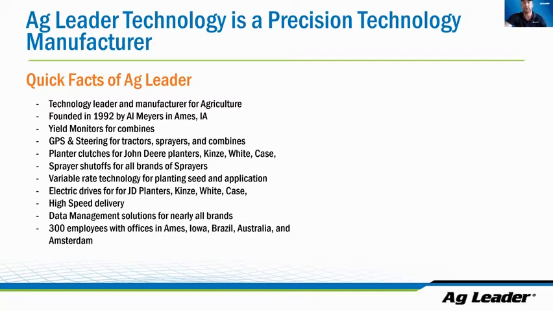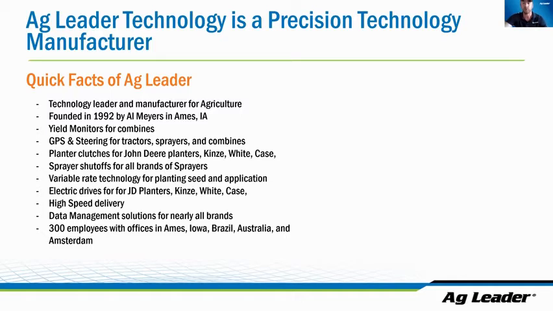So we manufacture planter clutches for John Deere, Case, White, Kinsey, you name it. We do sprayer shutoffs. So think of the sprayer shutting on and off. We manufacture the modules and the technology for that. And then we also do variable rate technology for planting seed and applications. So think of one area receiving a great deal of corn and then the other area receiving less seed.